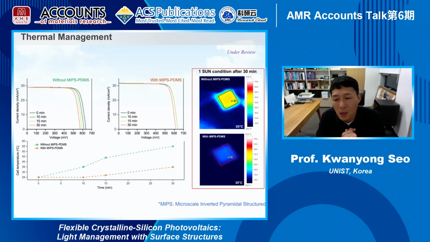This result is very preliminary, but PDMS, as a radiative cooling material, very simply cools down the device temperature during operation under sunlight. And also, meanwhile, it can control the surface reflection, and flexible application is also available. So I think this is one of the topics we have to explore more in this related research.